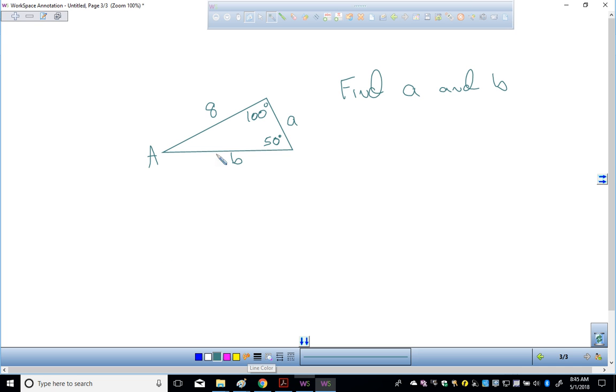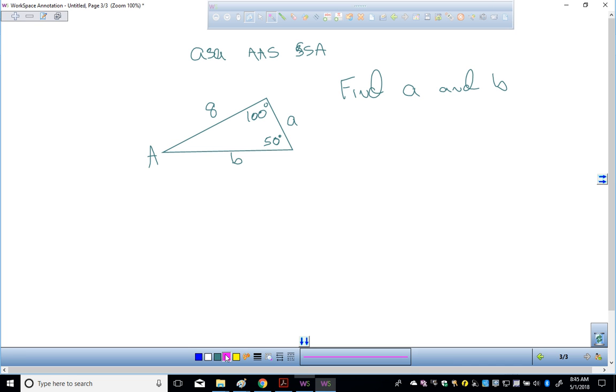Notice that I said for the law of sines you could use either ASA, or AAS, or SSA. Which one of those three things do I have here? An angle and a side. So that tells me I'm okay to use the law of sines.